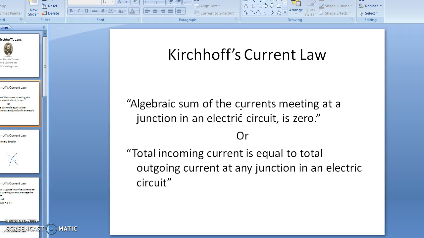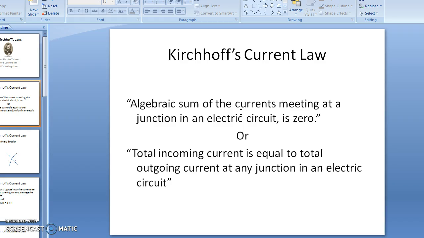Let us consider first Kirchhoff's current law, which states about all the currents that meet at a point, a node, or a junction in a given electric circuit.